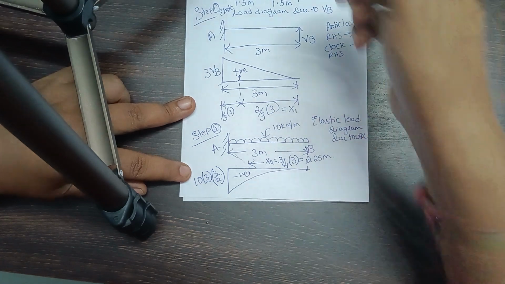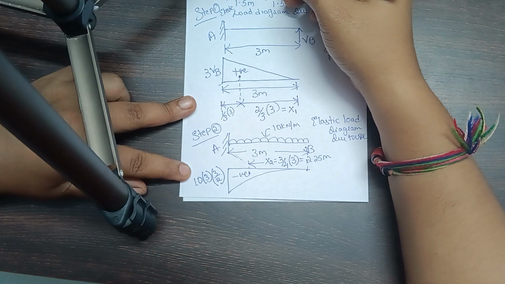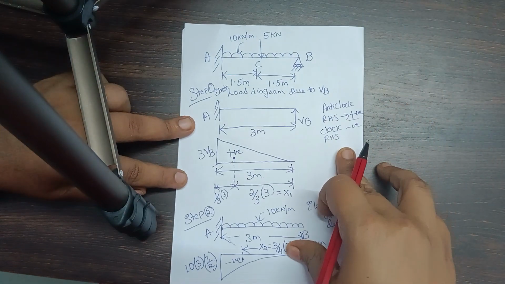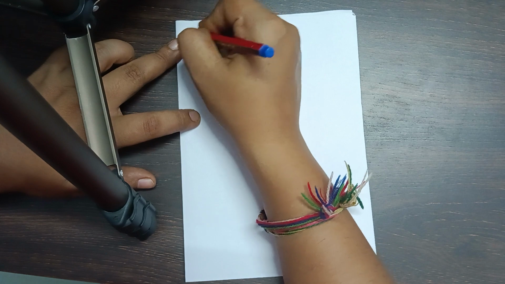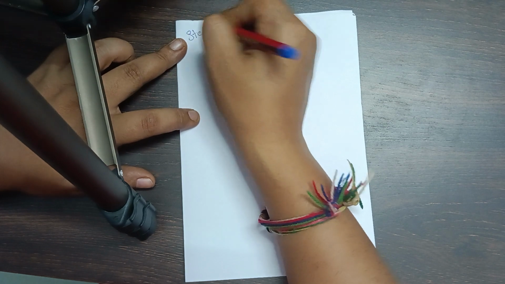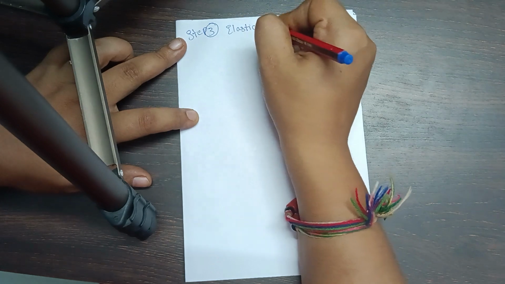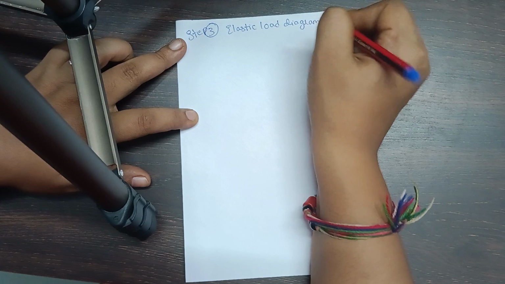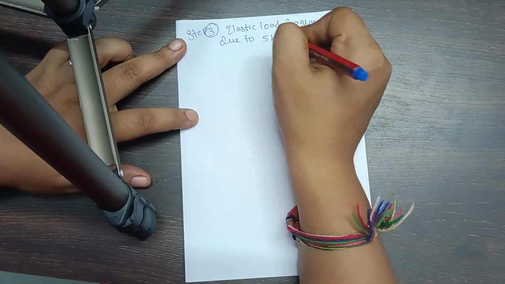Next, last one, we are left with the elastic load diagram due to the action of the load of 5 kilonewton. So here, step 3, you have the elastic load diagram due to 5 kilonewton.